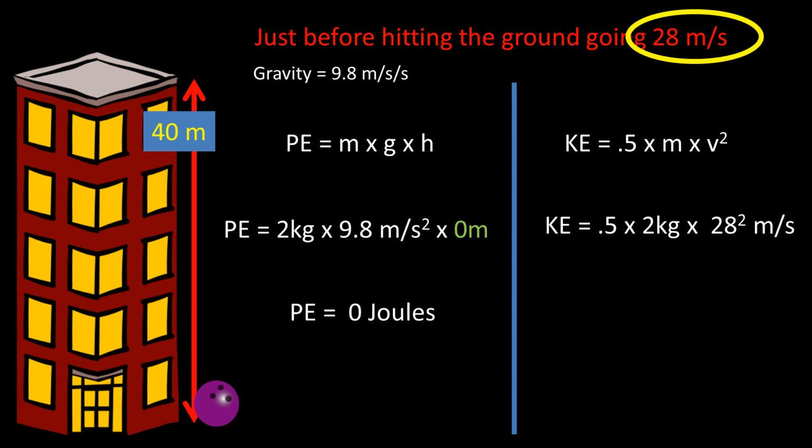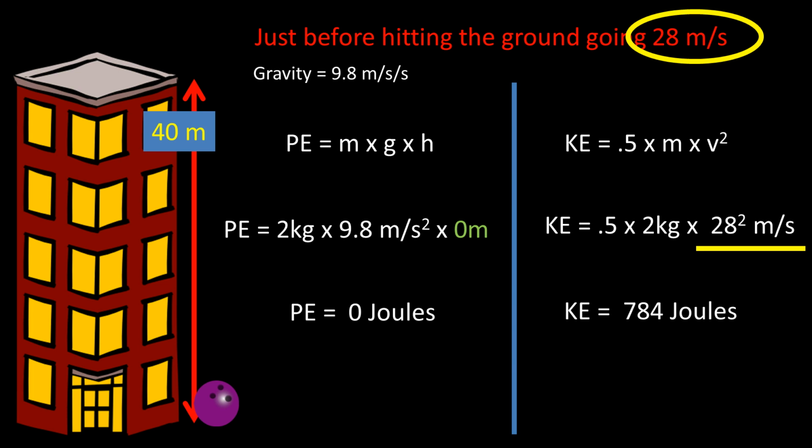And so putting that into the formula, we get 0.5 times 2 kilograms times 28 squared meters per second. And then when we calculate that out, we end up with 784 joules, and that equals the potential energy that we started this system with.